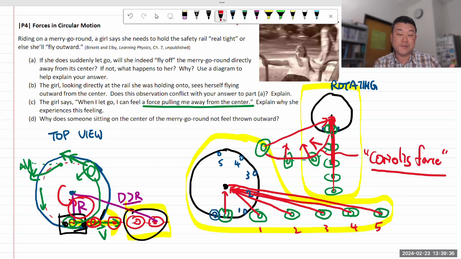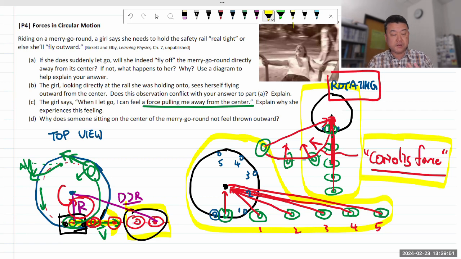What I had to tell you is, in this class, I haven't given you the tools to analyze a rotating reference frame while including the Coriolis force. In upper division classes, like classical mechanics or analytical mechanics, where they do use rotating reference frames, they will give you tools to handle things like the Coriolis force.